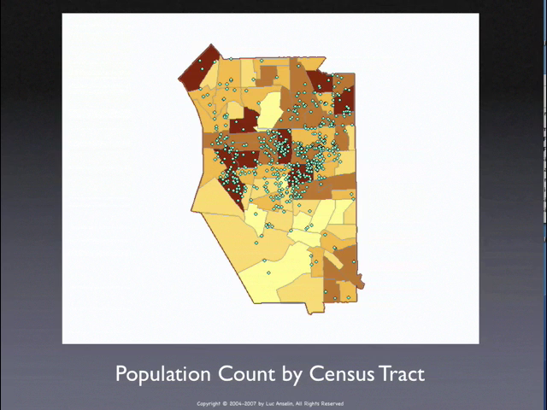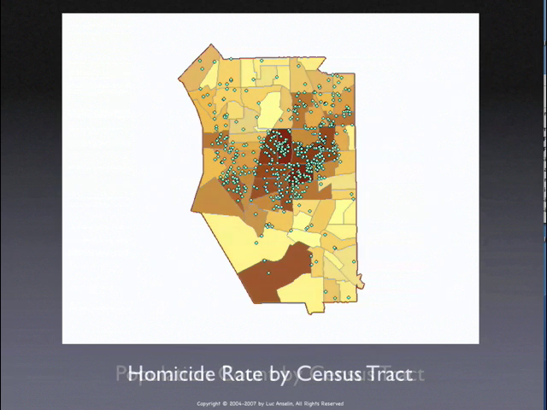Now if we put this together and we compute a rate, so the number of homicides per population, then we get this. And see how this one here pops out. Why? Not because it has so many homicides, but there's basically nobody there. So you take a ratio of, say, a similar number of homicides as in other parts of the city, but because there are so fewer people, the rate is elevated.